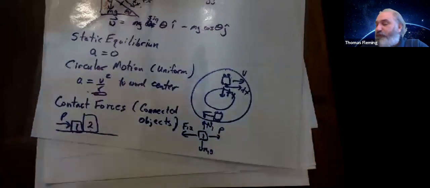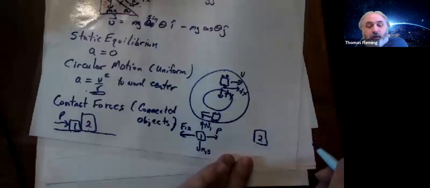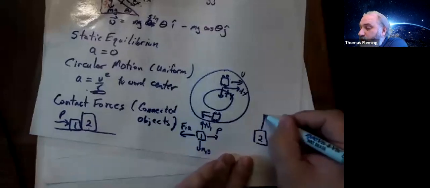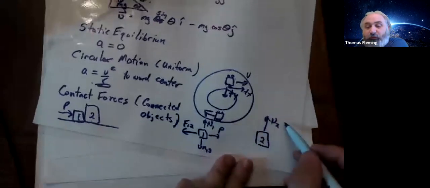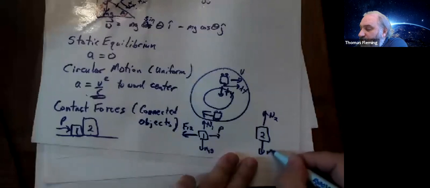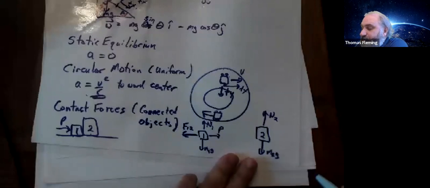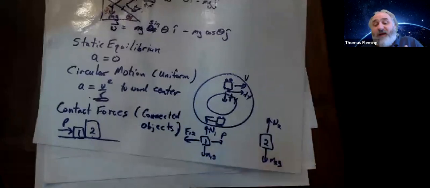When I go to do the free body diagram for object 2, it's touching the floor, so I'll give it a normal force. It might be different from that one, so I'll call this N2 and the other one N1. It's got gravity pulling on it, so M2G. However, I'm not touching object 2, I'm touching object 1, so I can't be exerting a force on object 2.